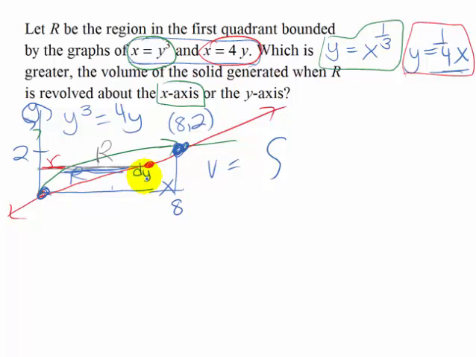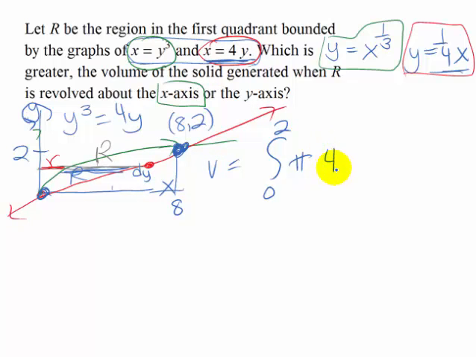So we're going to write everything in terms of y. We're going to integrate from 0 to 2 then, looking at our y values. And we have pi. As we look at big R, it would be the x value along this red function, and x equal 4y.